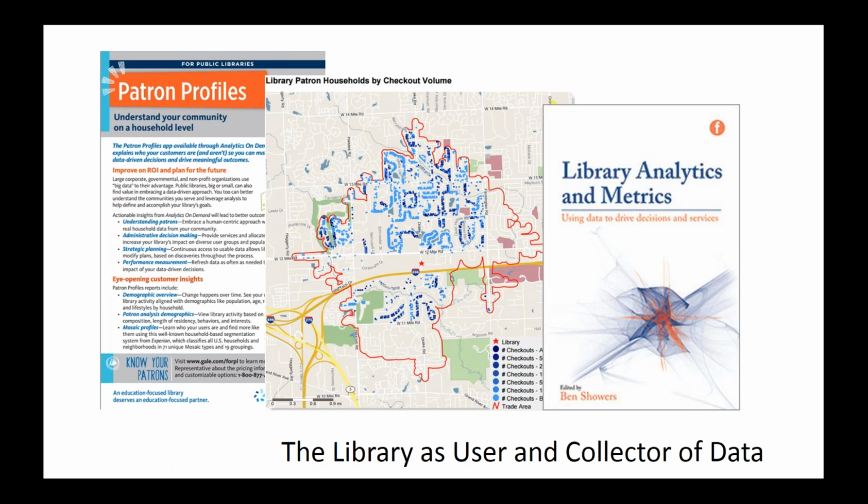ALA has long advised librarians to only collect what patron information is necessary to achieve the mission of the library and avoid retaining that information once it's served its purpose. There are really good reasons behind this advice because it reduces the risk that a patron's borrowing activities will be revealed to others or be subject to government surveillance.